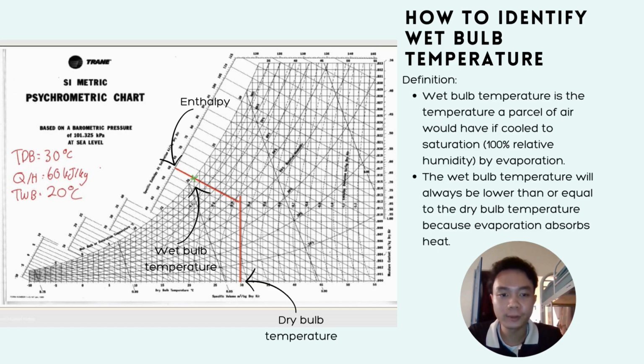The wet bulb temperature will always be lower than or equal to the dry bulb temperature because evaporation absorbs heat. As we can see in this psychrometric chart, when the dry bulb temperature is 30 degrees Celsius and the enthalpy is 60 kilojoule per kilogram, we can obtain that the wet bulb temperature is 20 degrees Celsius.